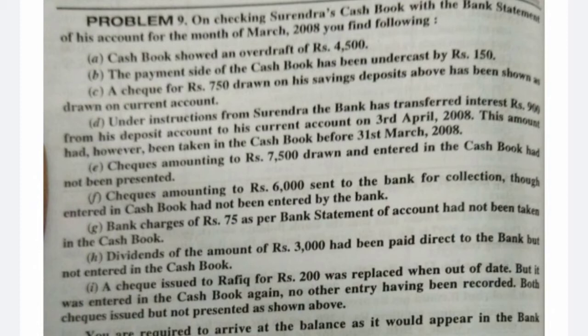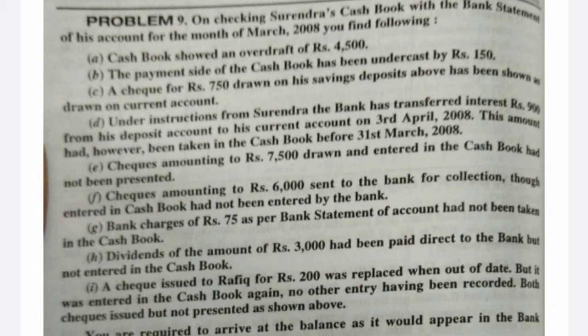See, a check for rupees 750 was drawn on his savings deposit. Savings deposit is another account. The account for which we are preparing the BRS is the current account. So Surendra drew a check from his deposit account, which means the actual entry should be on the payment side of his savings account.